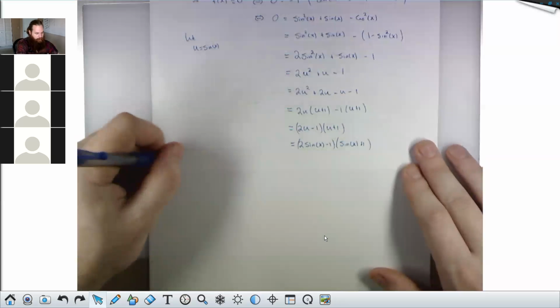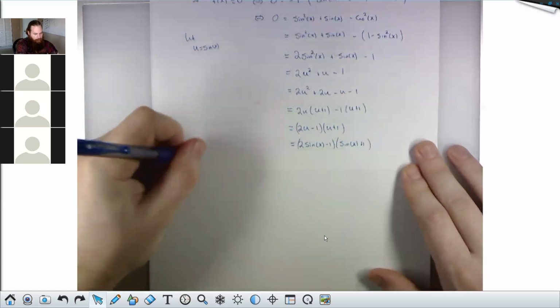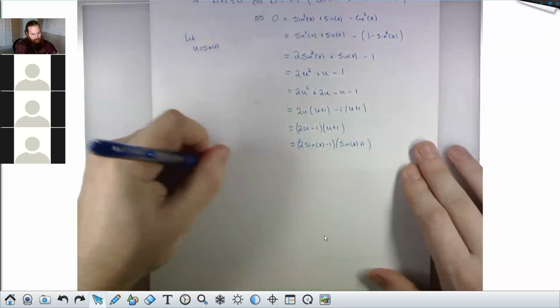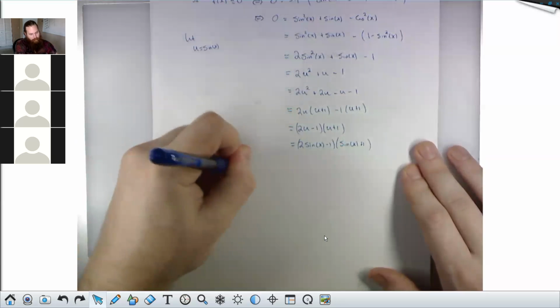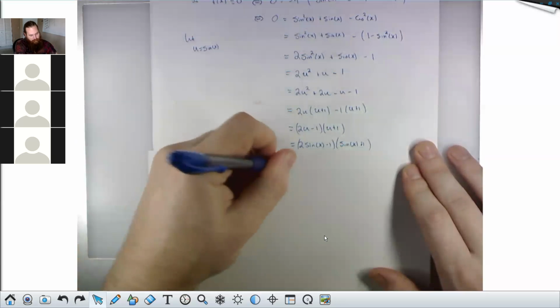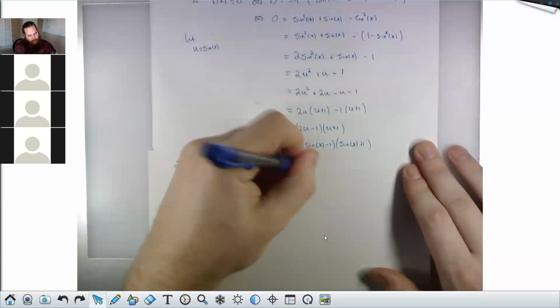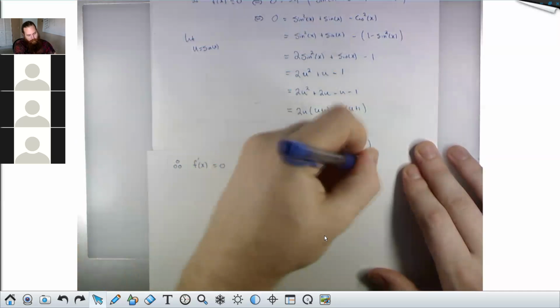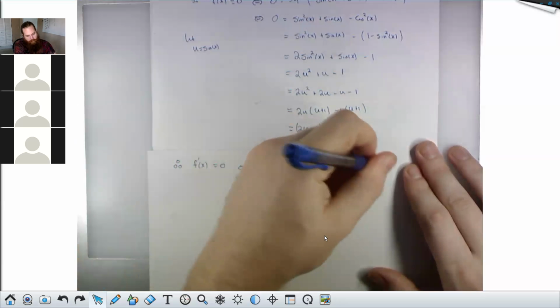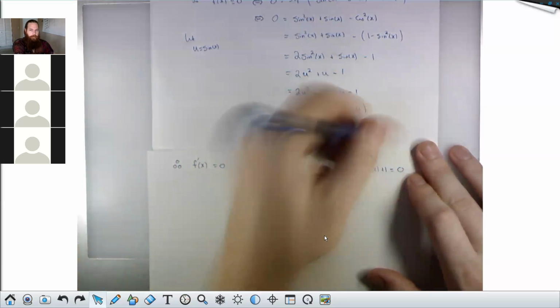So I'd say therefore, f primed of x equals 0 if and only if 2 sine x minus 1 equals 0 or sine x plus 1 equals 0.